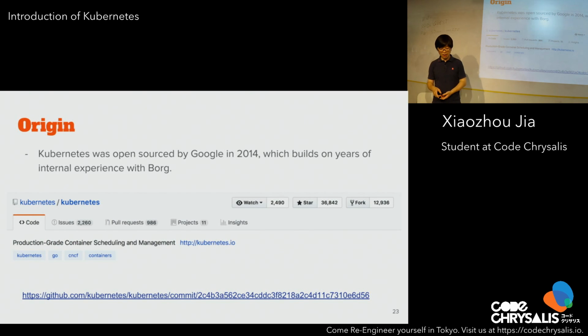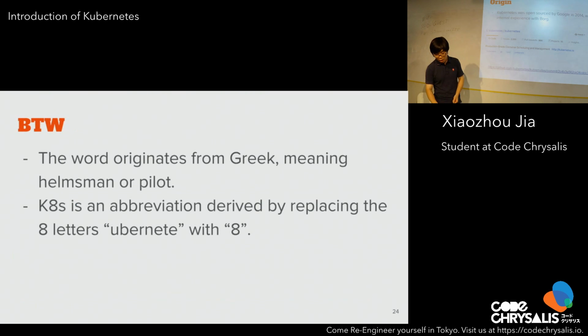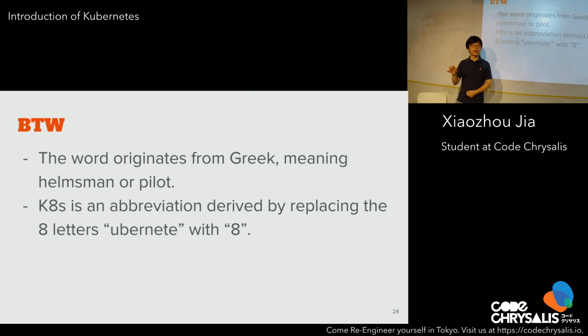The link here is actually the first commit of Kubernetes on GitHub. You can easily go there and see what was in that commit. It was something memorable, I guess. The word Kubernetes comes from Greek, and the meaning of that word is helmsman or pilot. Sometimes you would see K8s, and it's just an abbreviation derived from replacing those 8 letters with an 8.